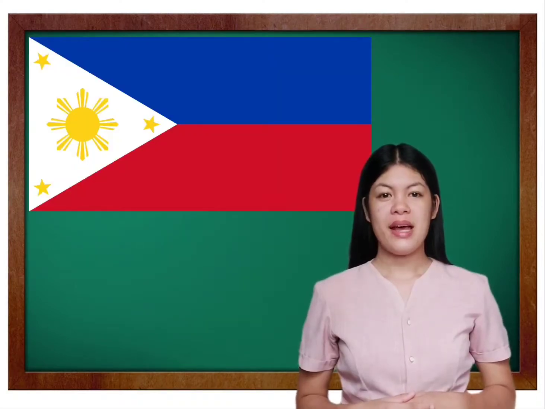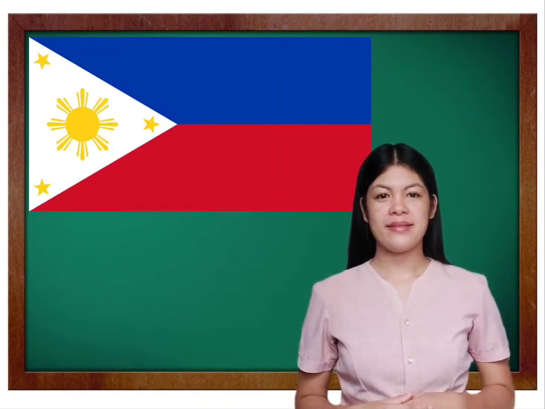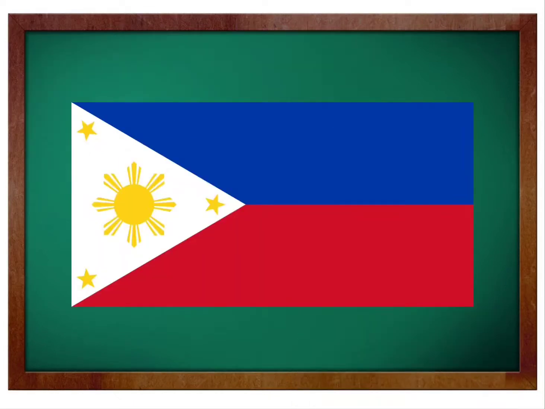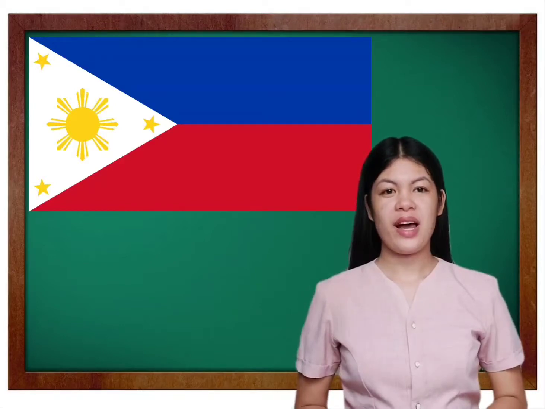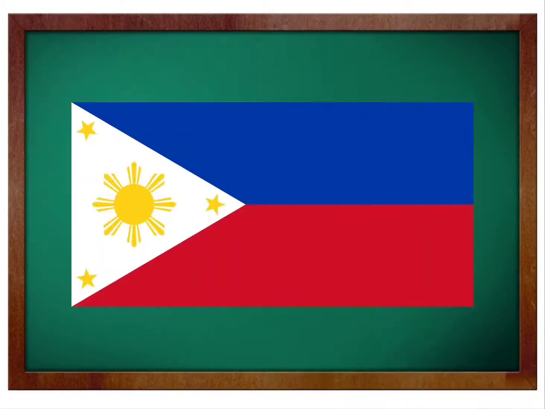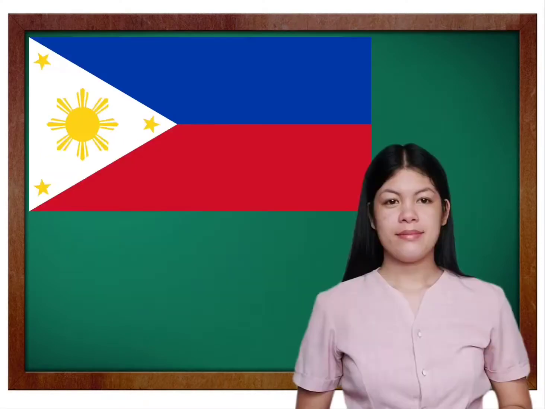What country does this flag represent? Yes, that's correct. It is the flag of the Philippines. What are the shapes or symbols used in this flag? Very good, class. This flag has a shape of star, circle, rectangle, and triangle.